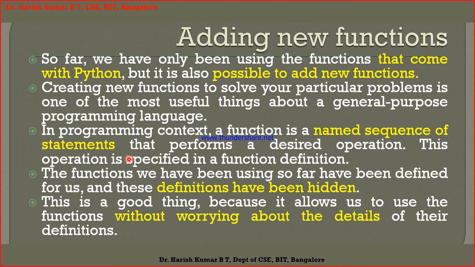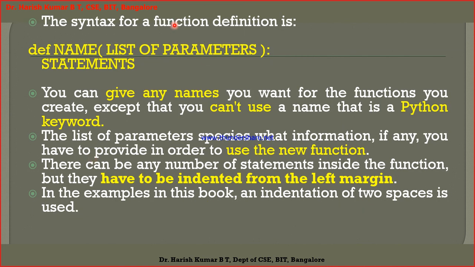What is a function? You can group the related statements there. In a programming context, a function is a named sequence of related statements which you write, and if you want those statements to be called repeatedly, instead of repeating them you can just give a call to this function and have those statements executed. The syntax of defining your own function goes like this.